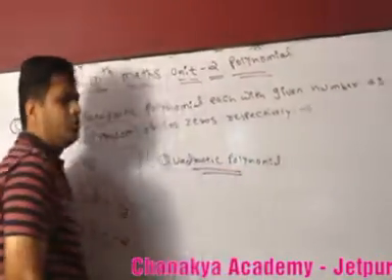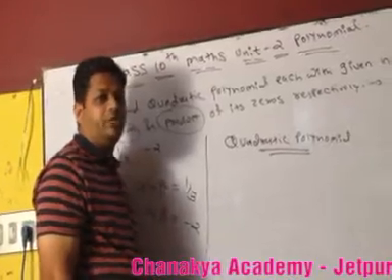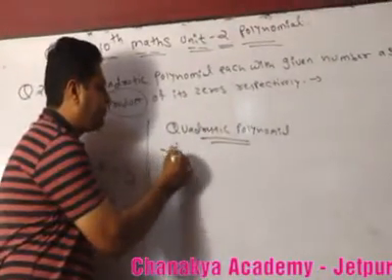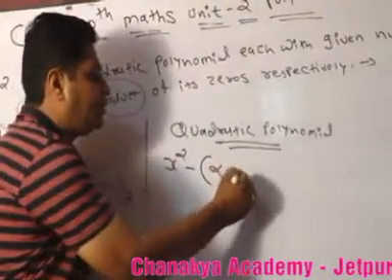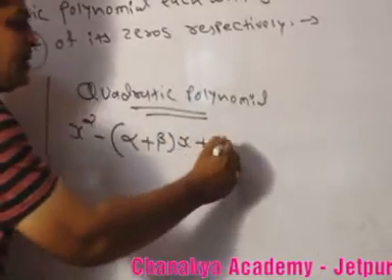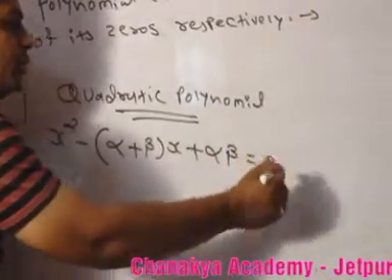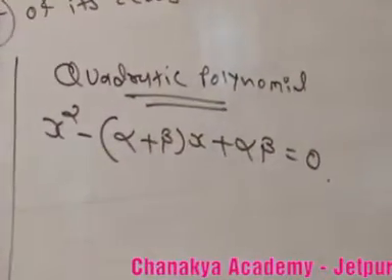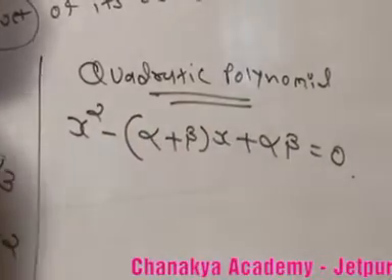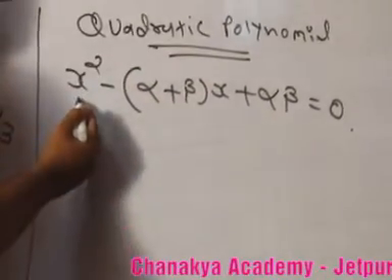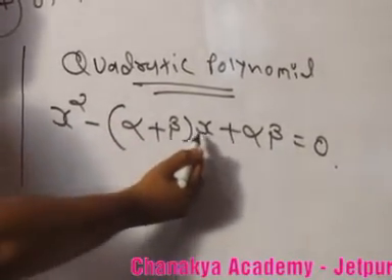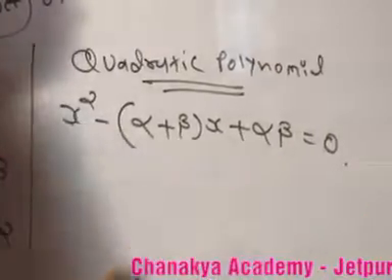Now students, the form of the quadratic polynomial will be x square minus alpha plus beta x plus alpha beta equal to 0. Again, it is important to remember the form of the quadratic polynomial: x square minus alpha plus beta x plus alpha beta equal to 0.